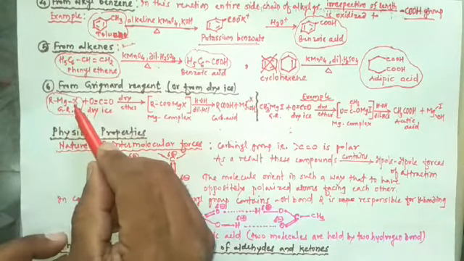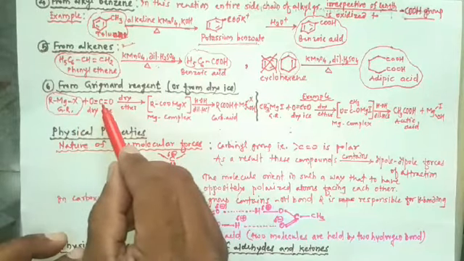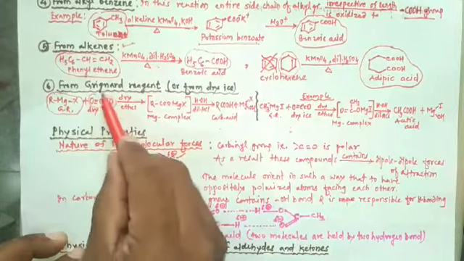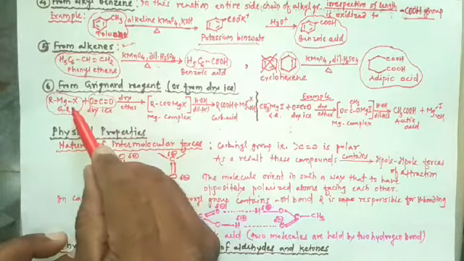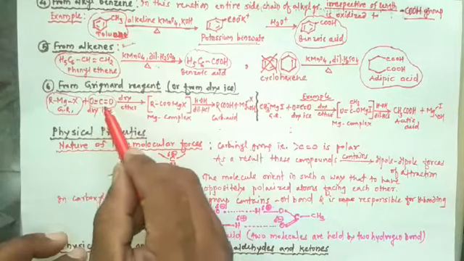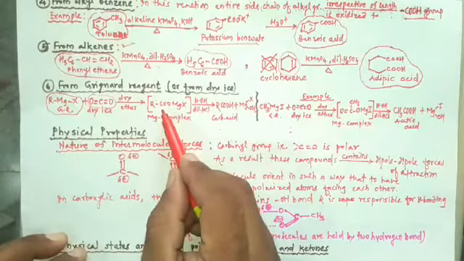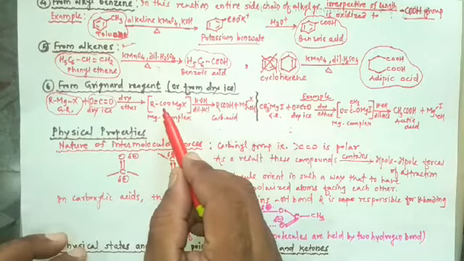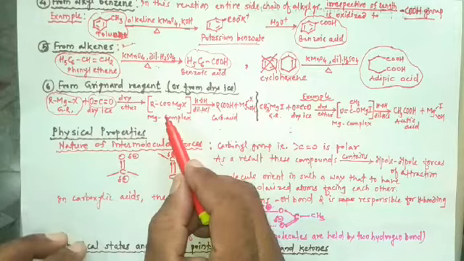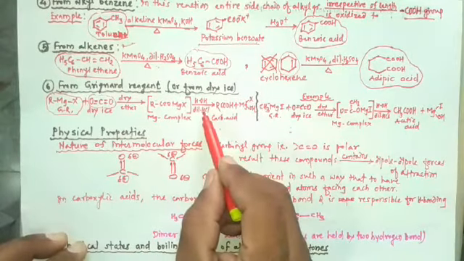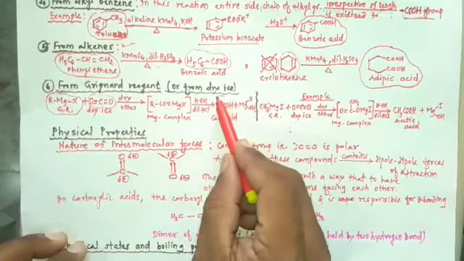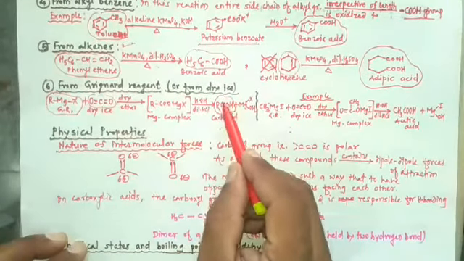When a solution of Grignard reagent is added to dry ice or solid carbon dioxide, it produces first of all the magnesium salt of carboxylic acid, that is a magnesium complex, and it on acid hydrolysis gives the corresponding carboxylic acid.